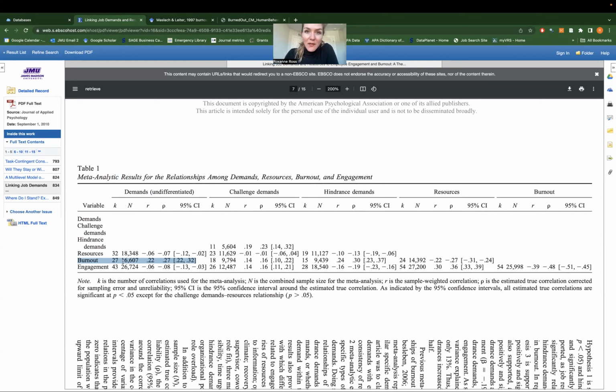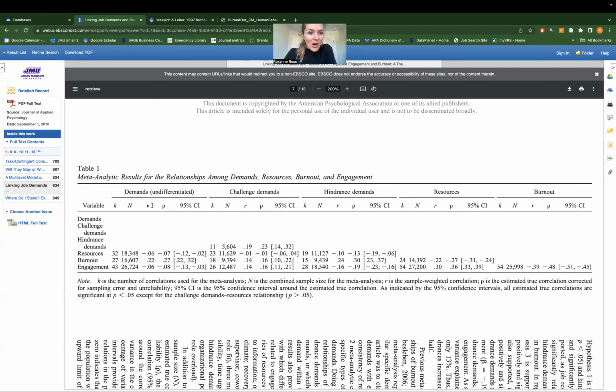The samples of each of those individual studies, so the number of participants that they included in each of those individual studies, is also aggregated. And cumulatively, these 27 studies aggregated what ended up being 16,000 people's data. So a lot. It's a really, really big sample. This is why meta-analyses are so powerful.